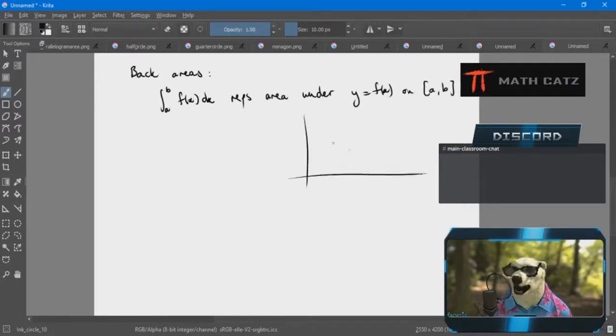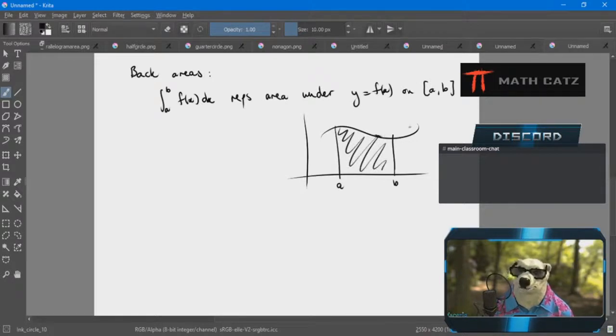And we visualize it, a to b. There is my function.